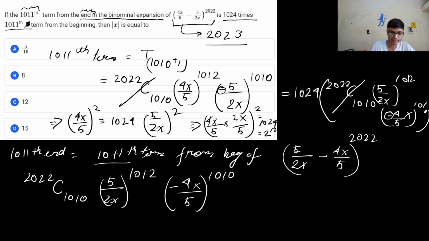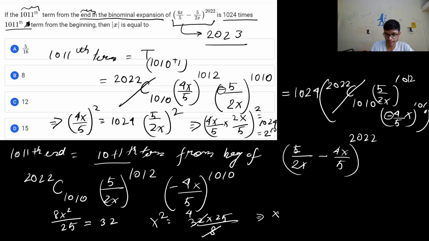So this will give me the relation that 8x square divided by 25 is equal to 32. And from here I will get the value of x square as 32 into 25 divided by 8. So from here I can cancel out 8 as 4 times. Taking square root of both sides, I will get mod of x equal to 2 into 5, that is equal to 10.